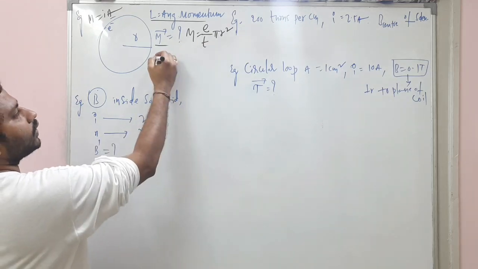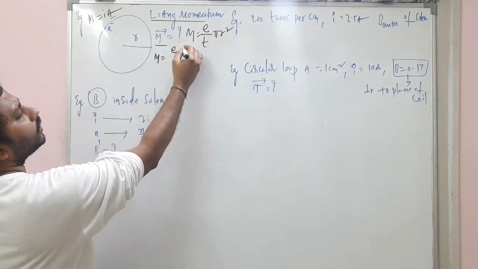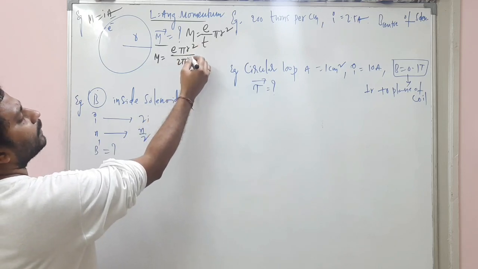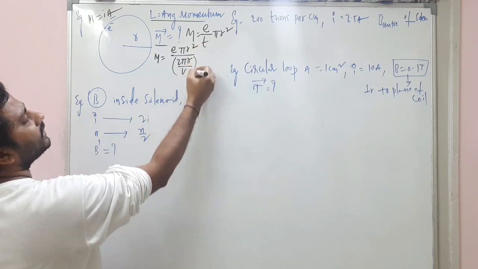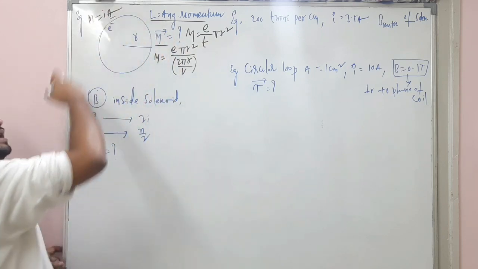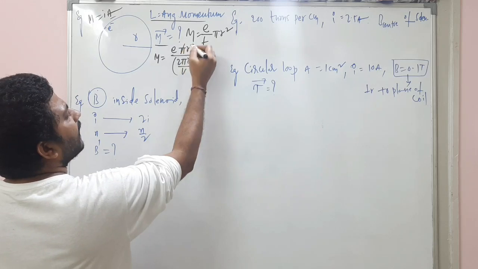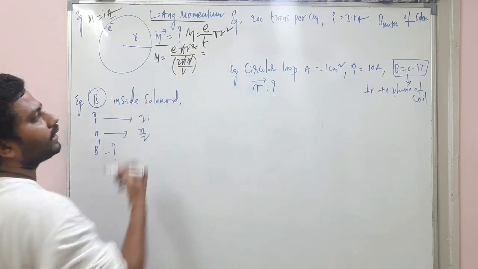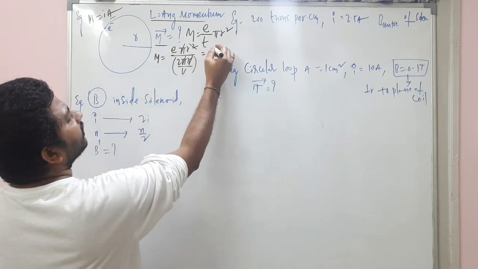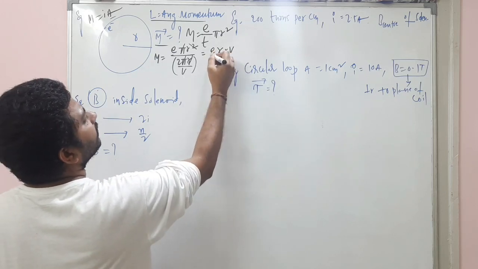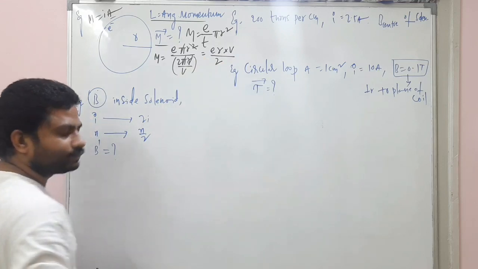So the magnetic moment is equal to e pi r square divided by 2 pi r by v, which is the time period of the particle in the circular path. Then pi r and pi r cancel. What is left is e r into v, which goes to the numerator, divided by 2.